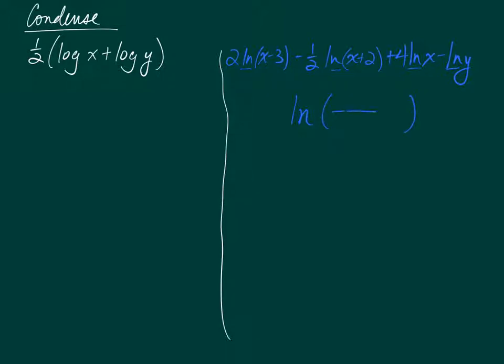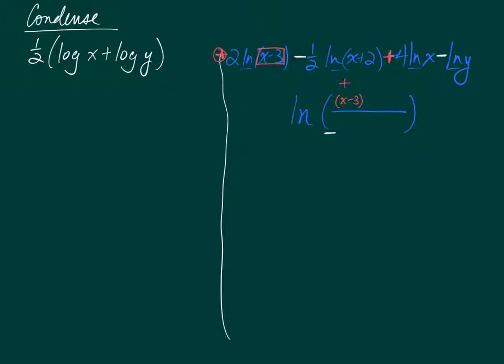Just like when you're expanding, if something is in the top of the log, it'll get a positive in front of it, like this positive log and this positive log. If it's in the bottom, it'll get a negative log, like this log here and this log here. But the only thing we're really going to be moving are the arguments. So this argument x minus 3 has a positive in front of it, so I will be writing x minus 3 in the numerator.